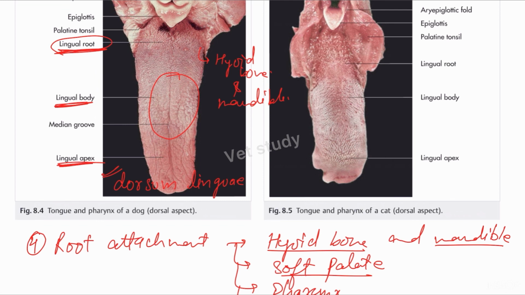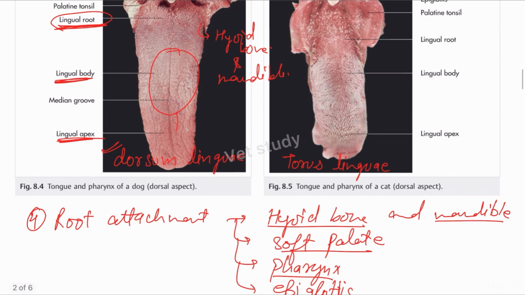The dorsal surface of the body is known as the dorsum linguae. This surface presents a raised area at the posterior part, and there are many prominences on this surface, known as the torus linguae.